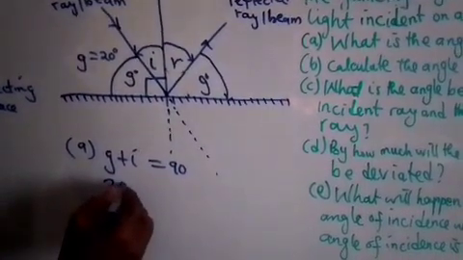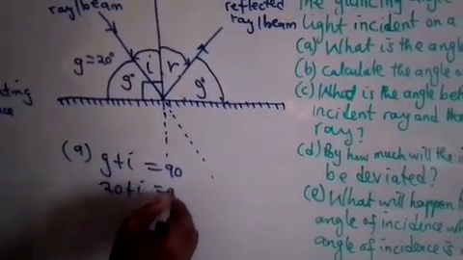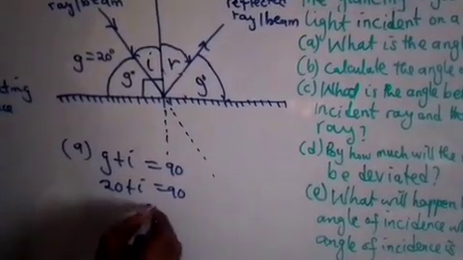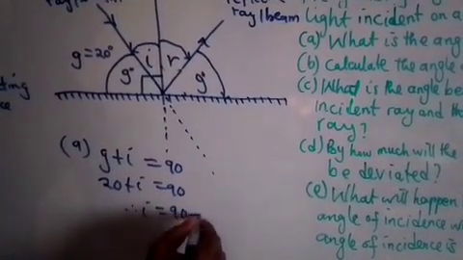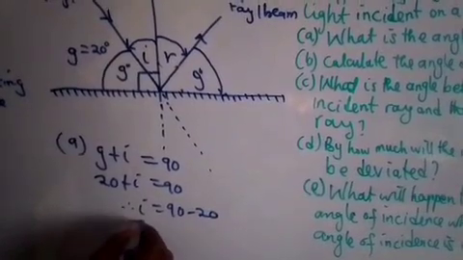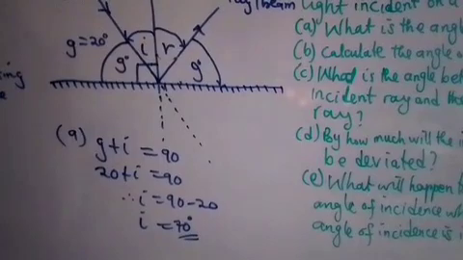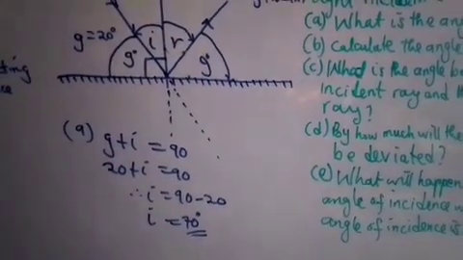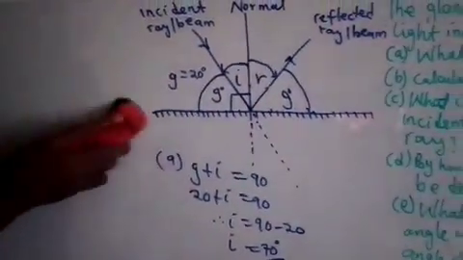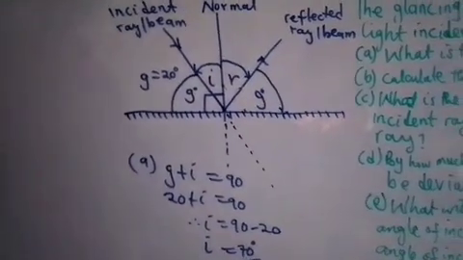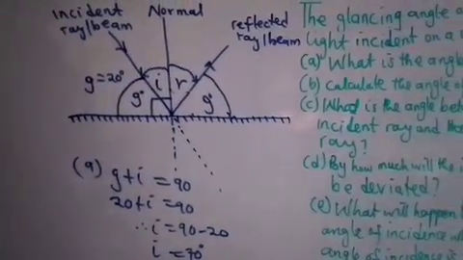Glancing angle, 20, plus I equals 90 degrees. Therefore, I is 90 minus 20. So the angle of incidence is 70 degrees. See how simple that comes? So all you need to know is the meaning of a glancing angle. Now we've been able to calculate A, the angle of incidence.